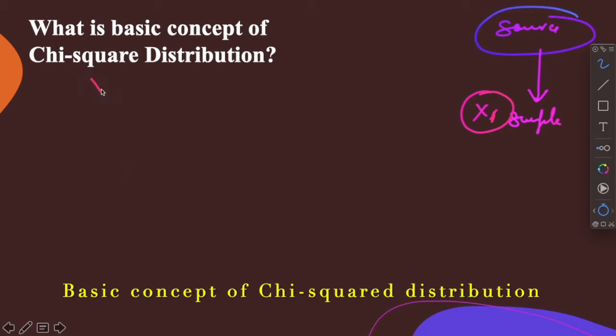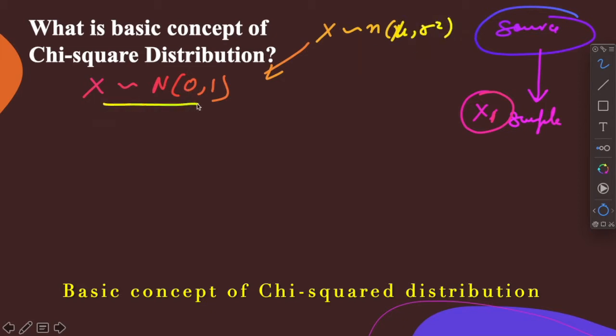Suppose we have a standard normal distribution for x as N(0, 1), which is transformed from an x distribution that had a normal distribution having mean mu and variance sigma square. Suppose we have a new random variable, or transformed variable, q1, which is nothing but the square of x. If it is the square of x, its degrees of freedom is equal to 1.